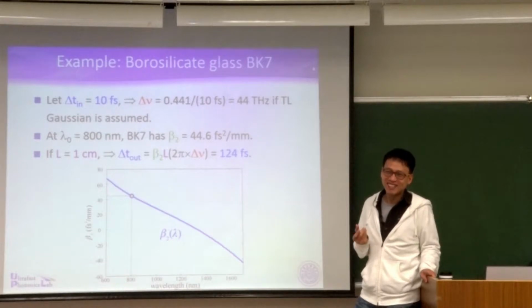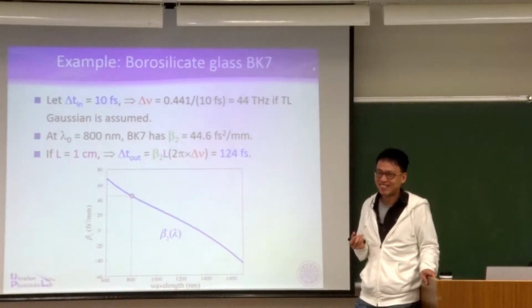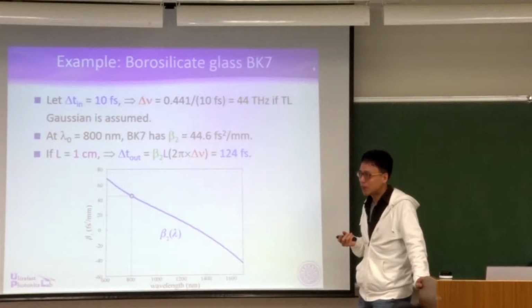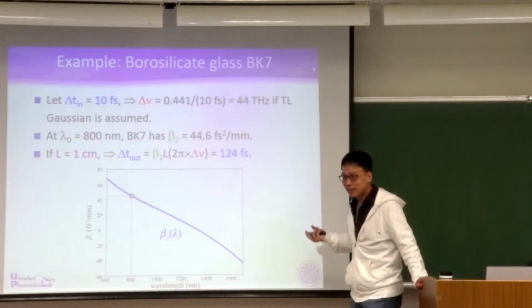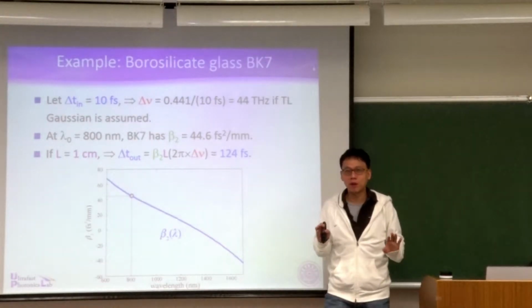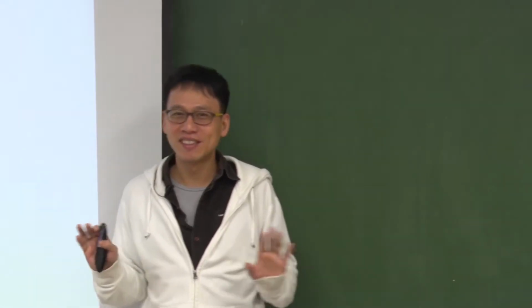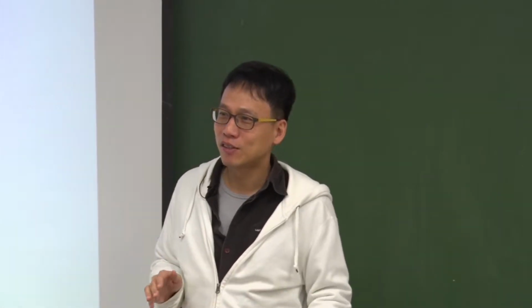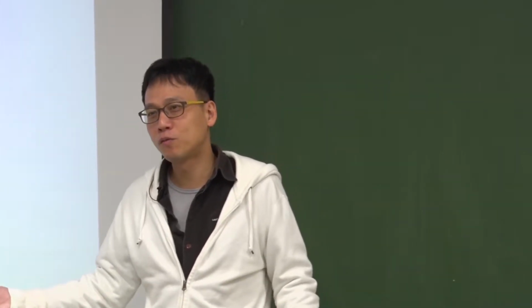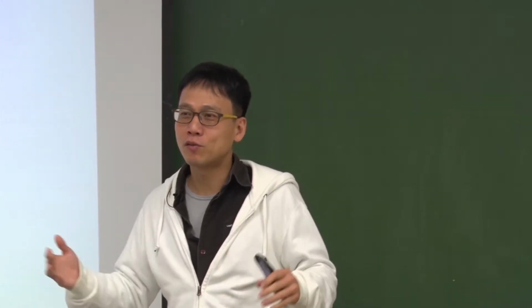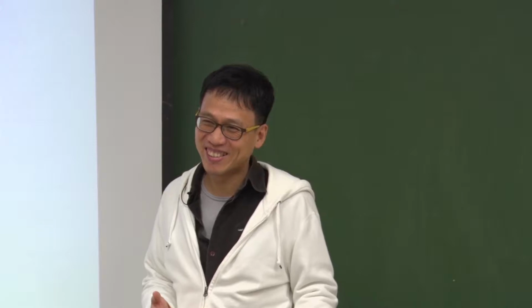Why? Because the bandwidth is broadened. In the case of dispersion, the power spectrum remains. No change about your power spectrum. You will have no new frequency components. You will also sacrifice no frequency components.